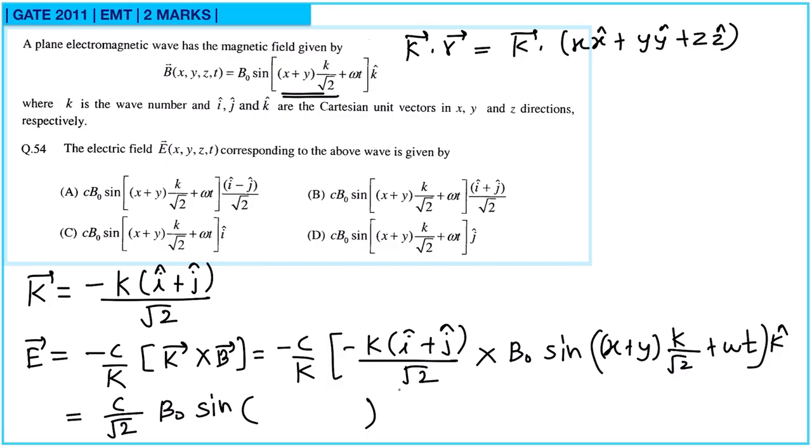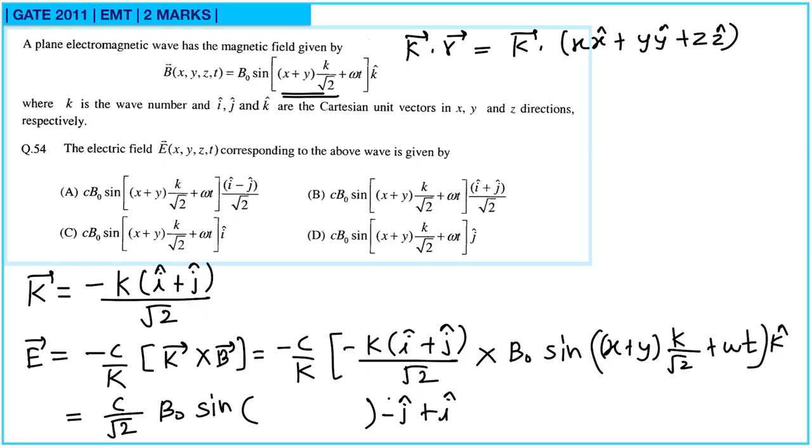Now i cap cross k cap will be minus j cap, and the second term is j cap cross k cap, so that will be plus of i cap here.